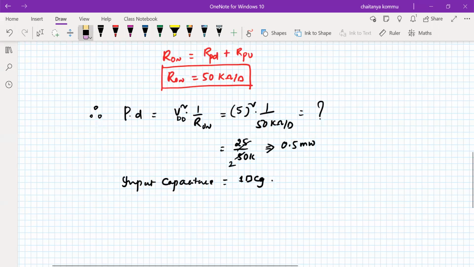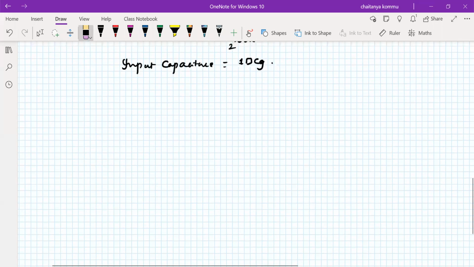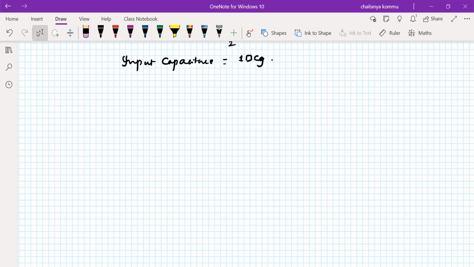Okay. For example, I'll give you a piece of layout. Let us calculate the power consumed by that particular transistor. So another example, let us consider power calculation for an inverter and a transistor.